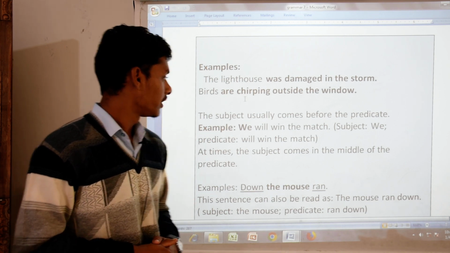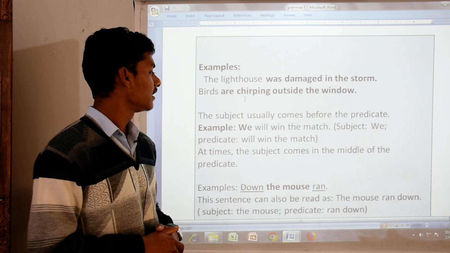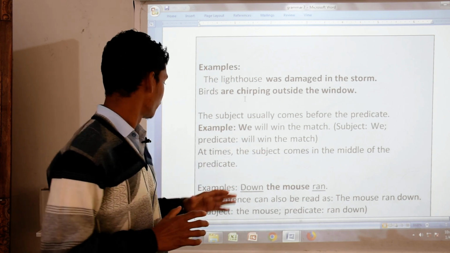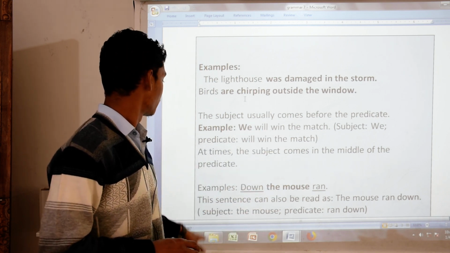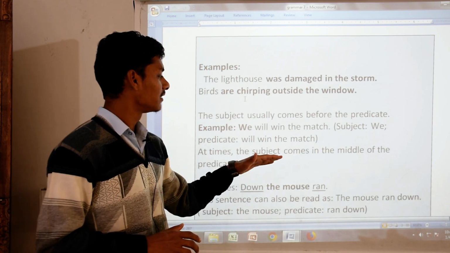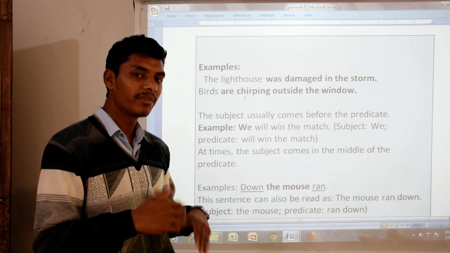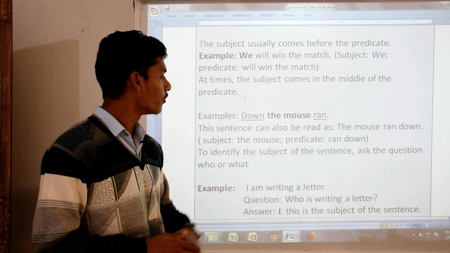The subject usually comes before the predicate. Example: "We will win the match." The subject is we, and the predicate is "will win the match." At times the subject comes in the middle of the sentence. Example: "Down the mouse ran."